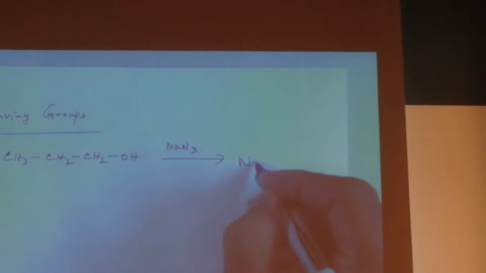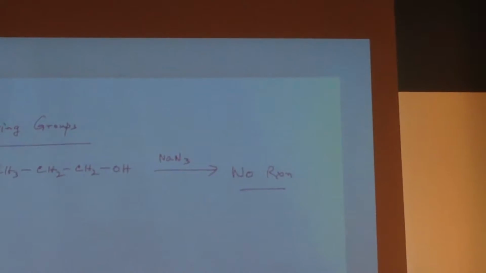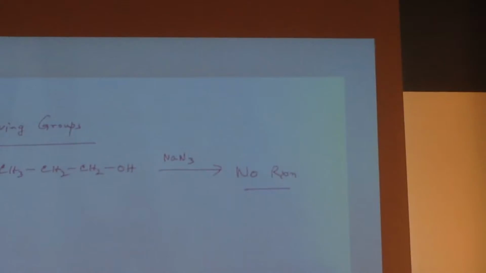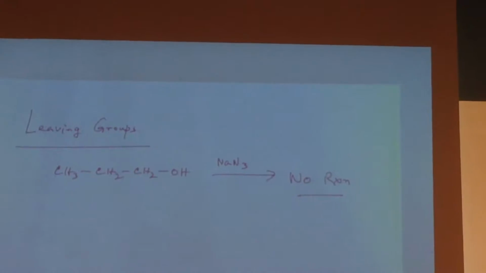For example, if you want to carry out a nucleophilic reaction with a good nucleophile, there will be no reaction. And why is that so? Because the nucleophile is attacking this carbon. There's no problem with that. But the leaving group is so poor, it cannot just leave. It cannot break the bond between carbon and oxygen. It's a poor leaving group.